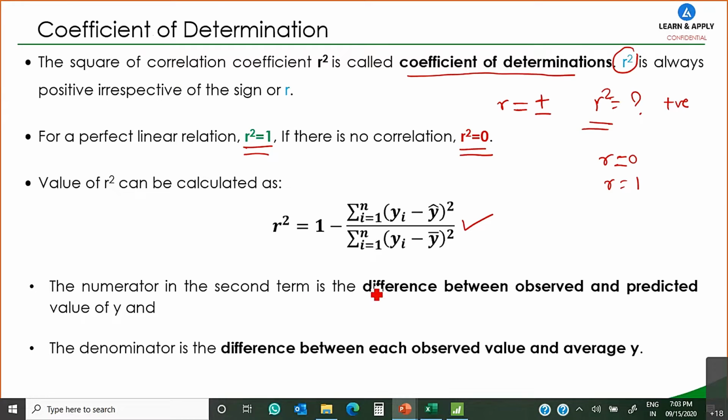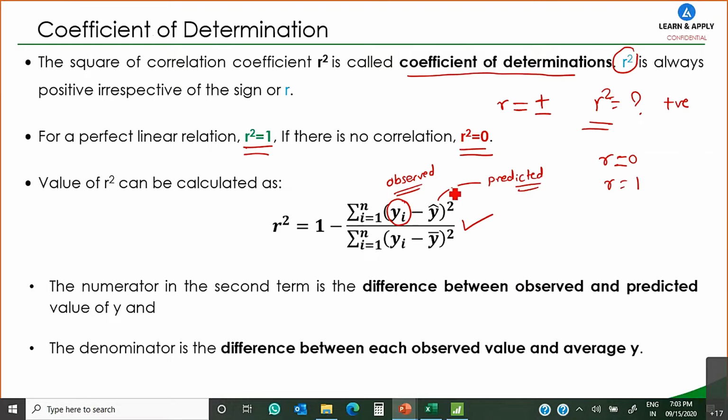Now the numerator in this term is indicating the difference between two terms. The first term, with the subscript i, is the observed value, and the second term, indicated by y cap, is called the predicted value, which we are going to see in detail.